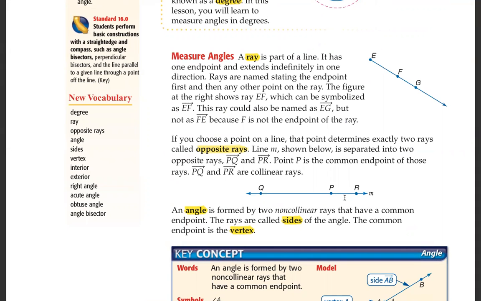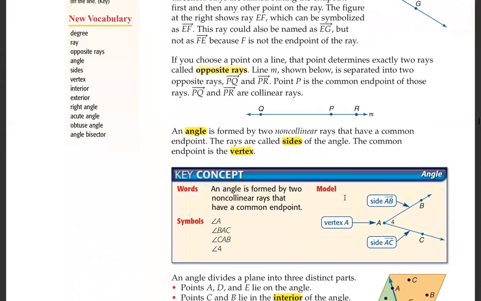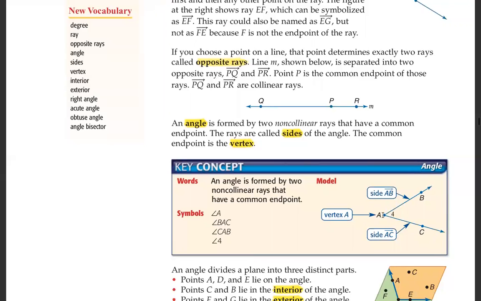So an angle is formed by two non-collinear rays. If you have rays that are not forming a straight line, then that clearly represents an angle. For example, here you have ray AC and ray AB. They have a common point A, so therefore we form an angle over here.